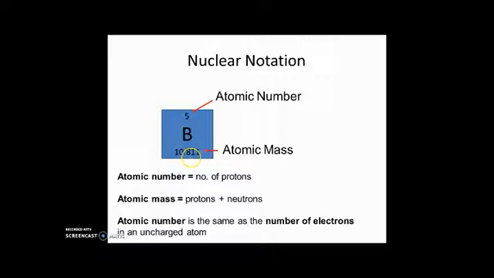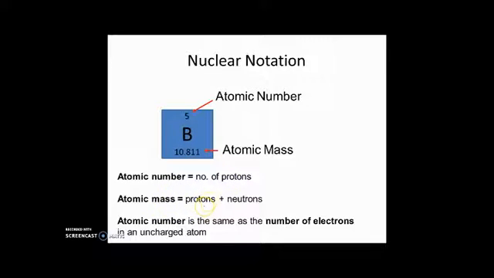The atomic mass, this number right here, is just a blend of all the different types of isotopes of boron you find in nature, and within those isotopes, the average would be 10.811. So I assume that boron 11, this is closest to 11, would be the most common boron found.